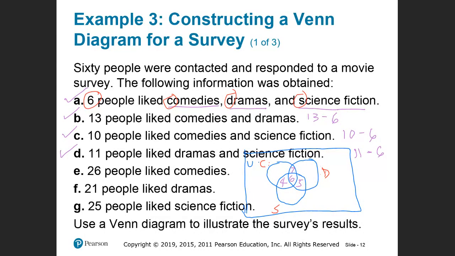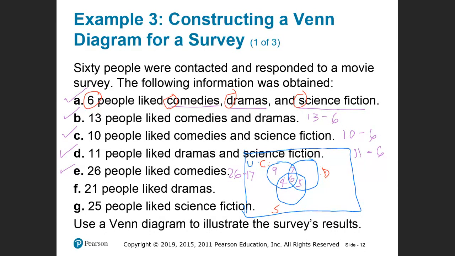So next would be letter E. 26 people like comedies. So that is just set C. So you're looking at 26 minus, and then you're looking at C. C has intersections of 7, 6, and 4. So minus 17. So 26 minus 17, it gives you 9, goes here.